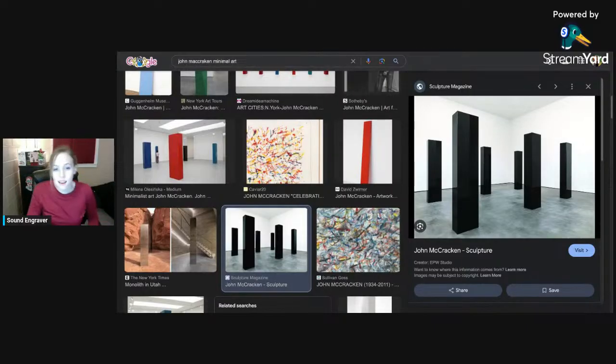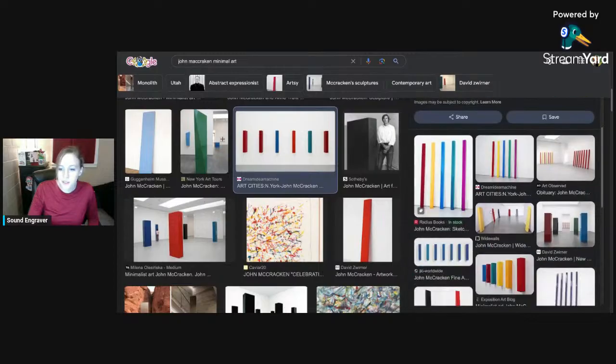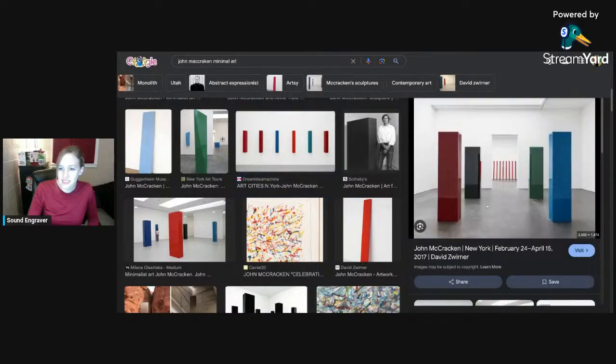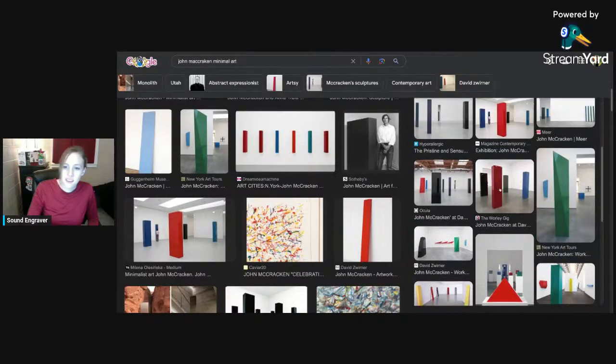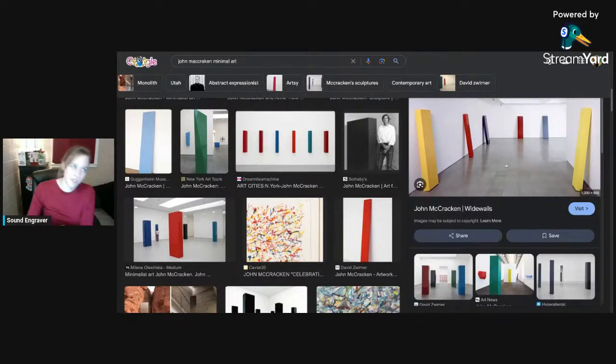Did he make those? I don't know if he crafted those. He would install these here on the wall. You can see, and I like the symmetry there. One thing I did want to say though: this was really important in minimal art, as I mentioned before. Look how these panels are just leaning against a wall.